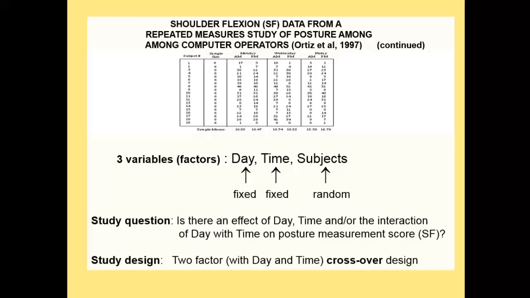Each subject got all combinations. The treatment is a day-time combination. So each subject got all 6 combinations you could possibly get. So that's why it's crossover. Okay? And what you're worried about is the fact that the same subject got these different things. You're worried about correlation.